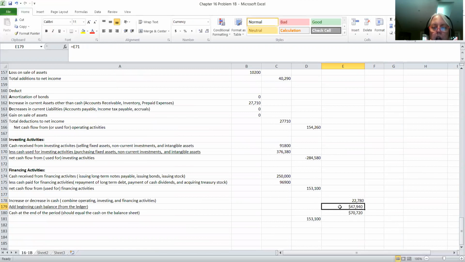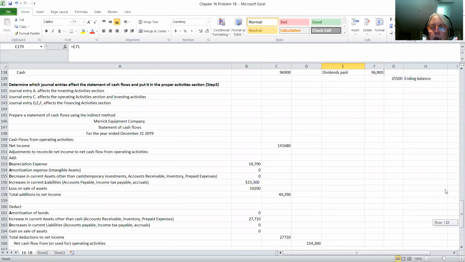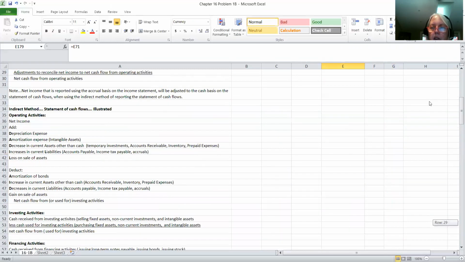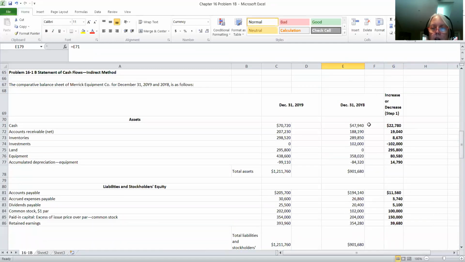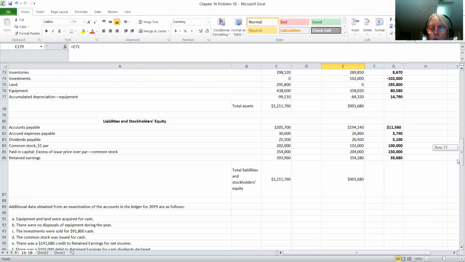That information comes from the ledger. You could also get that from your balance sheet cash amount for the last year, which was 2008. The amount was $47,940.